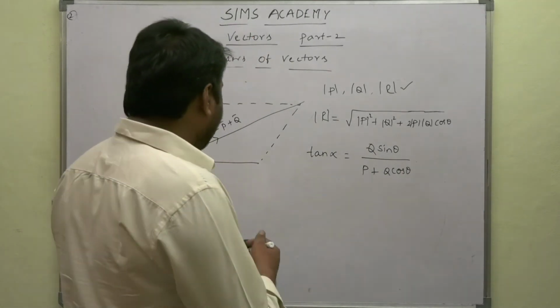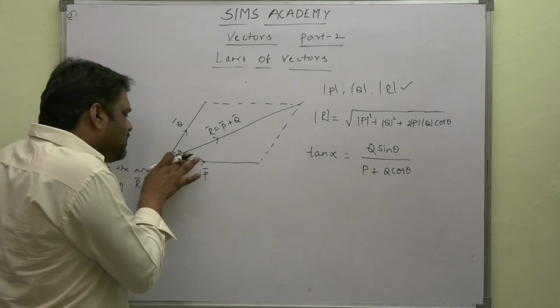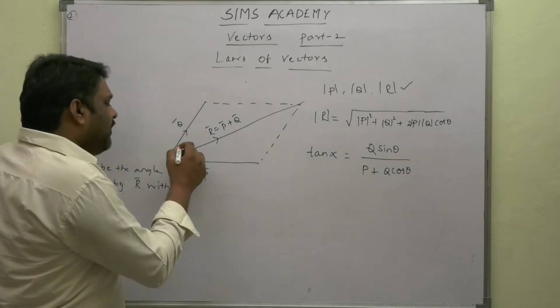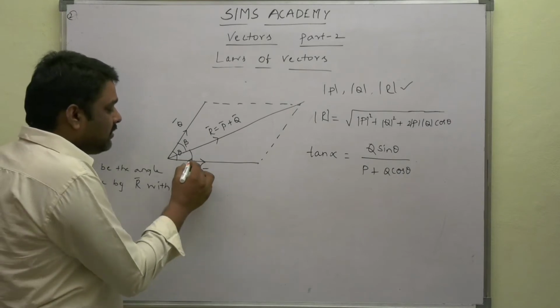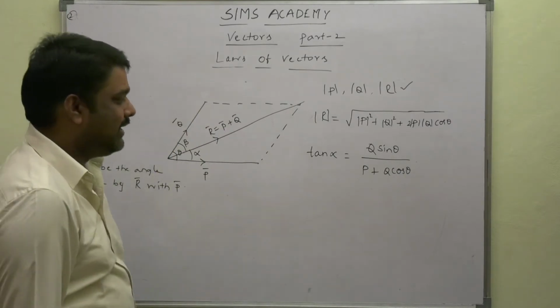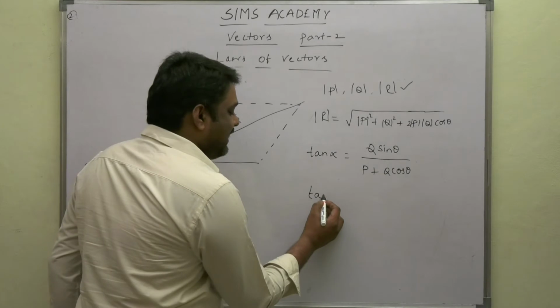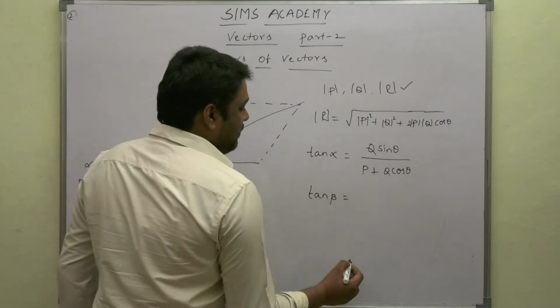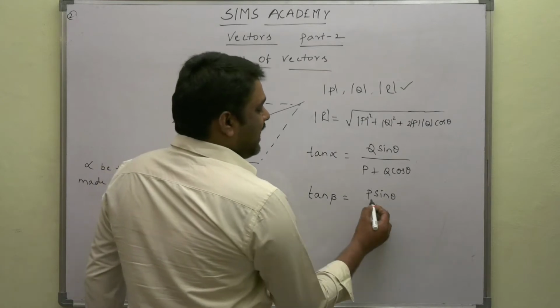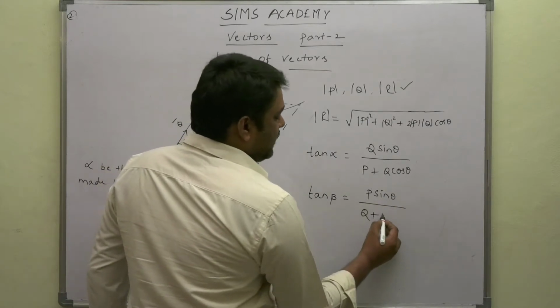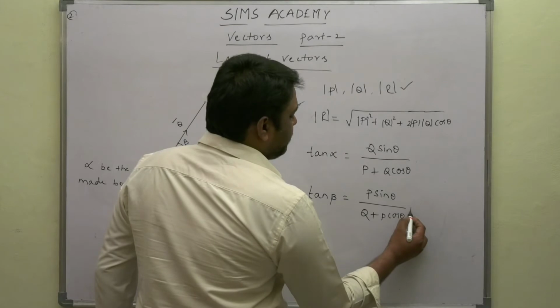And suppose instead of this, if the resultant makes an angle beta with Q bar, then the angle of the resultant is given by tan beta equals the reverse of that, P sine theta by Q plus P cos theta.